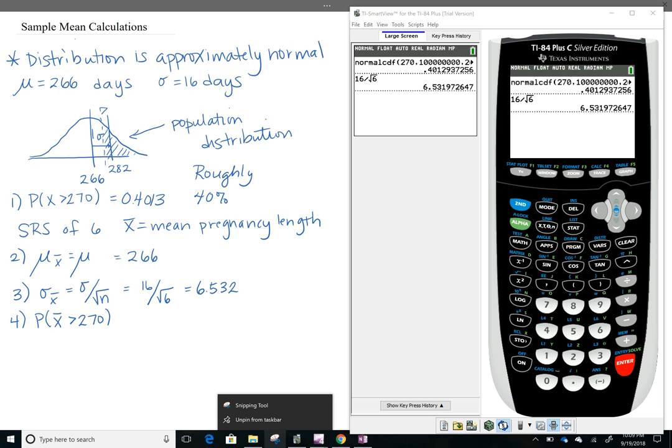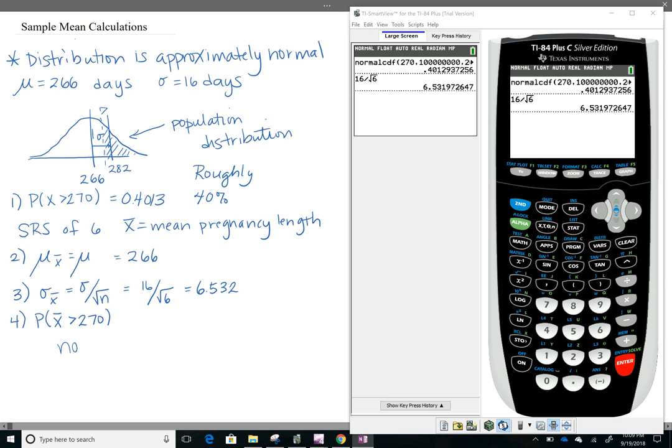This is going to be a normal calculation still, but I'm talking about a different standard deviation. Without writing it out, this is the probability that Z is greater than 270 minus the mean over our standard deviation of 6.532. That's the calculation I'm going to do.